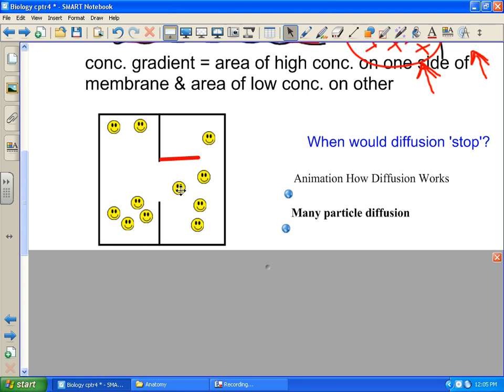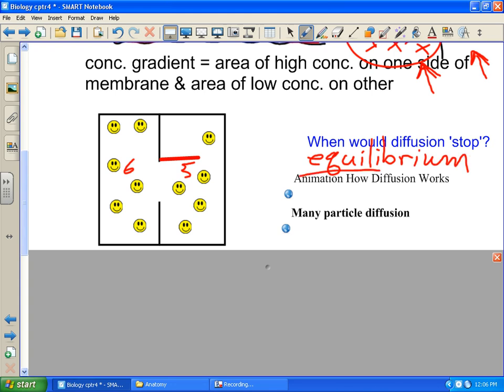Now, if we let this go long enough, what you'd end up finding is it kind of reaches a balance. This isn't exactly equal. We've got 2, 4, 6 here, and we've got 2, 4, 5 here. But at some point, you get what's called equilibrium.